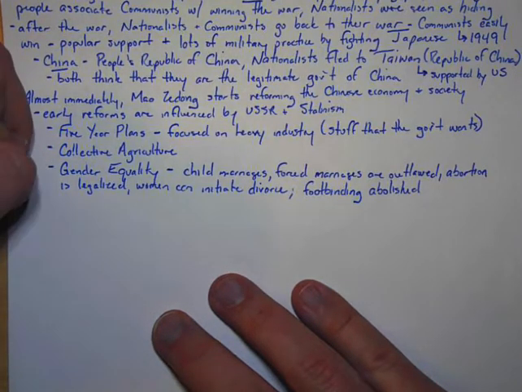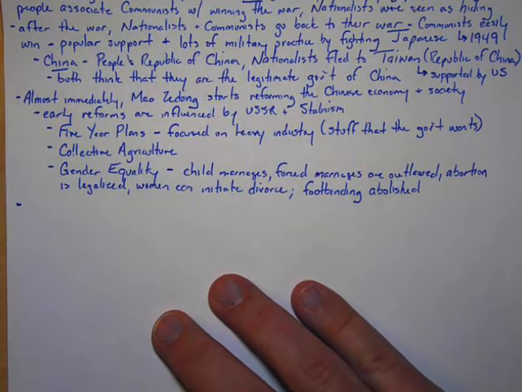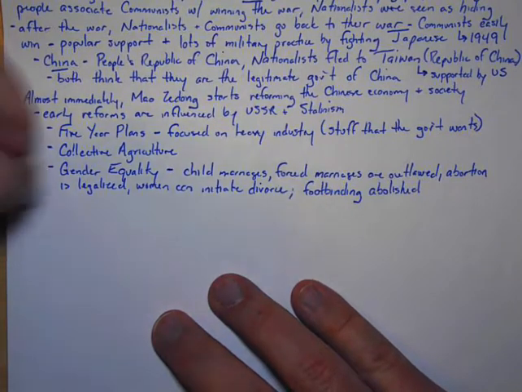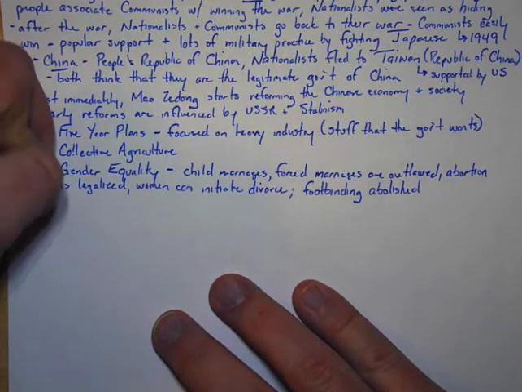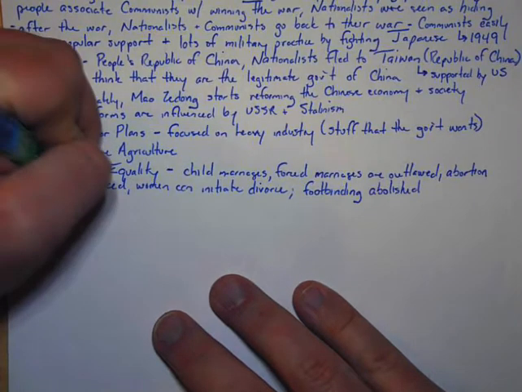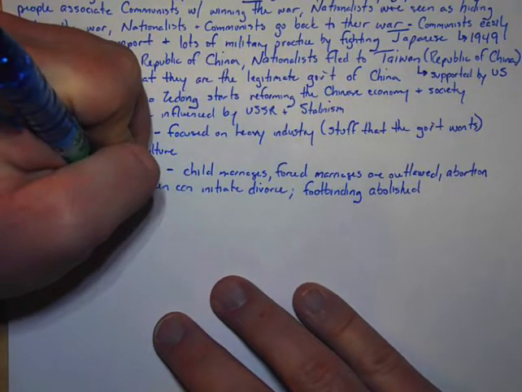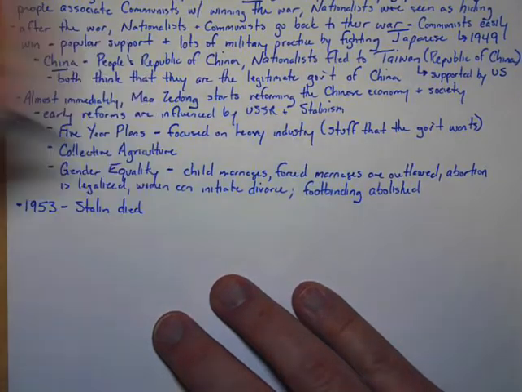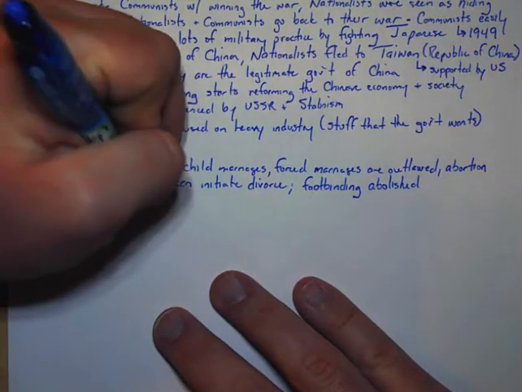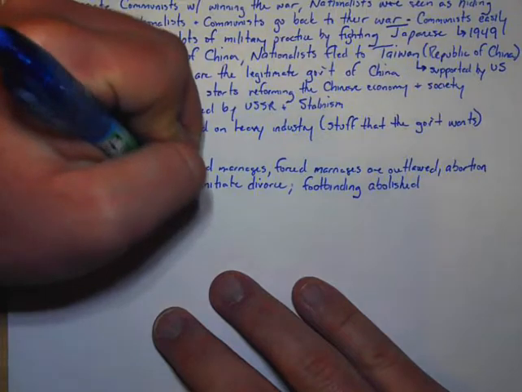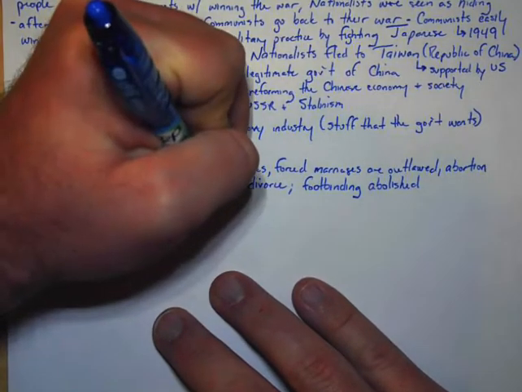And for a little while, China and the Soviet Union followed the same path, but these paths diverge in 1953 when Stalin died. And when Stalin died, the Soviet Union goes down a path of de-Stalinization.